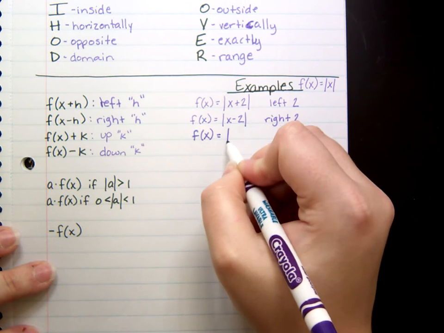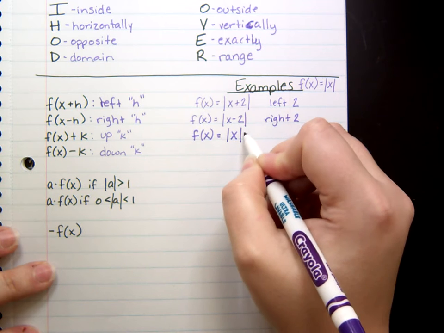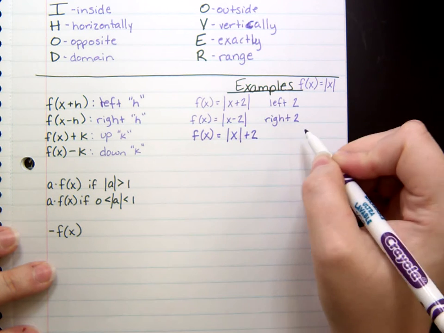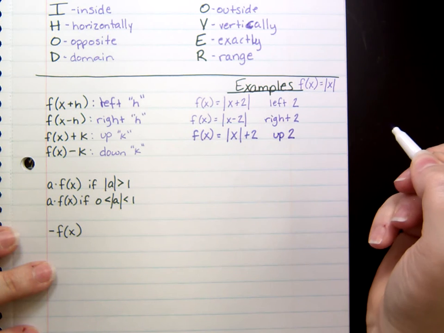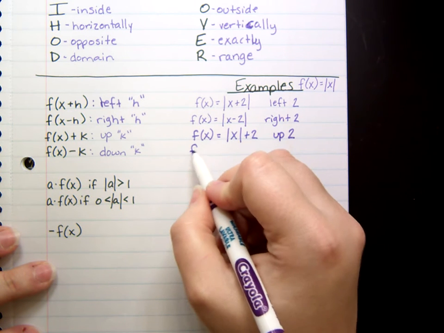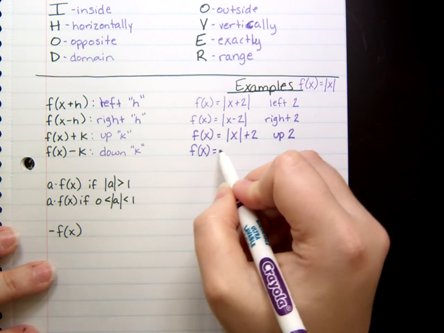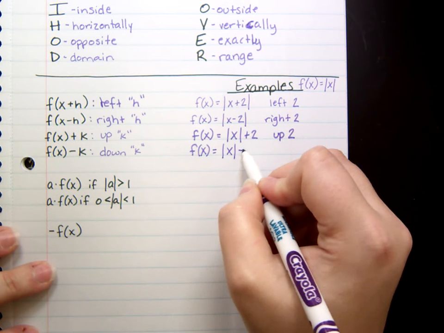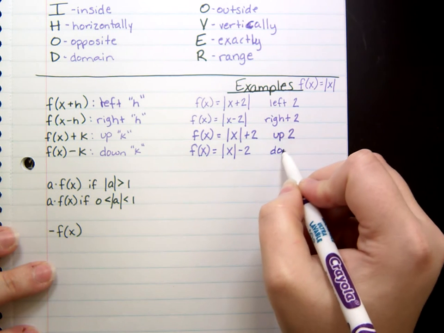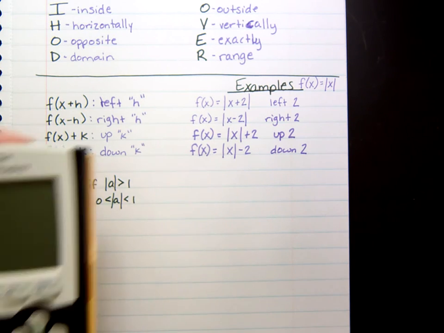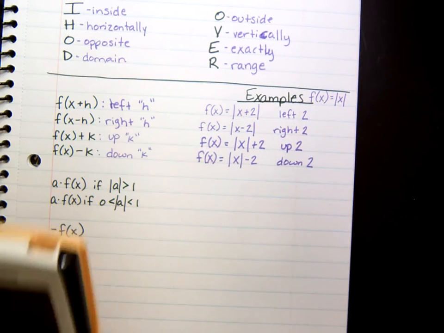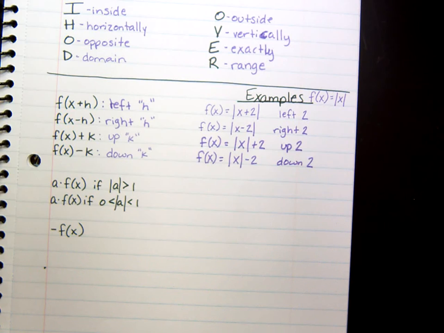If I took the absolute value of x and then added 2 on the outside, this moves the graph up 2 places. If I were to subtract on the outside, it would move it down. And you can always look in your calculator and see what kind of things these do.